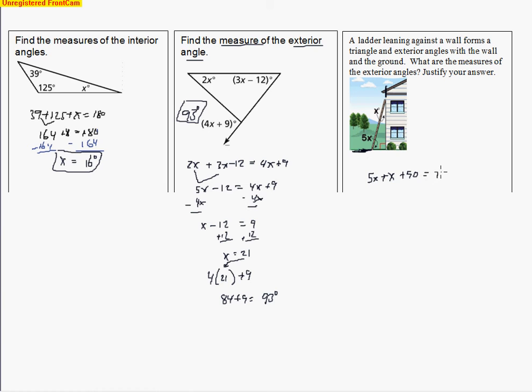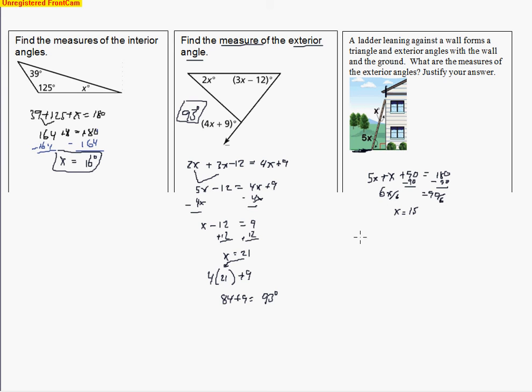And I know they sum together to make 180, so when I combine these, I get 6x, but then I have to subtract that 90 from both sides, and I get 6x equals 90. So when I do the division, dividing by 6 there, I end up with x equals 15. So now I can find out what this angle is. Well, for instance, I can do this one right now.